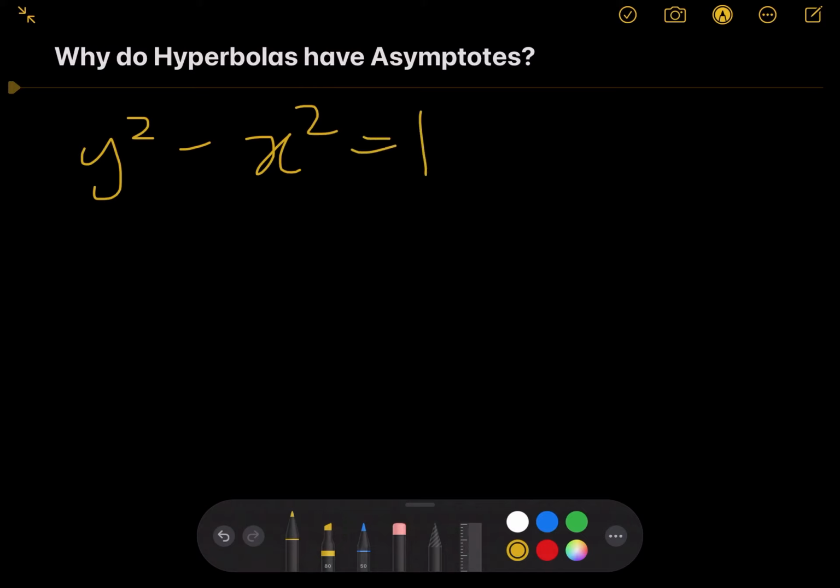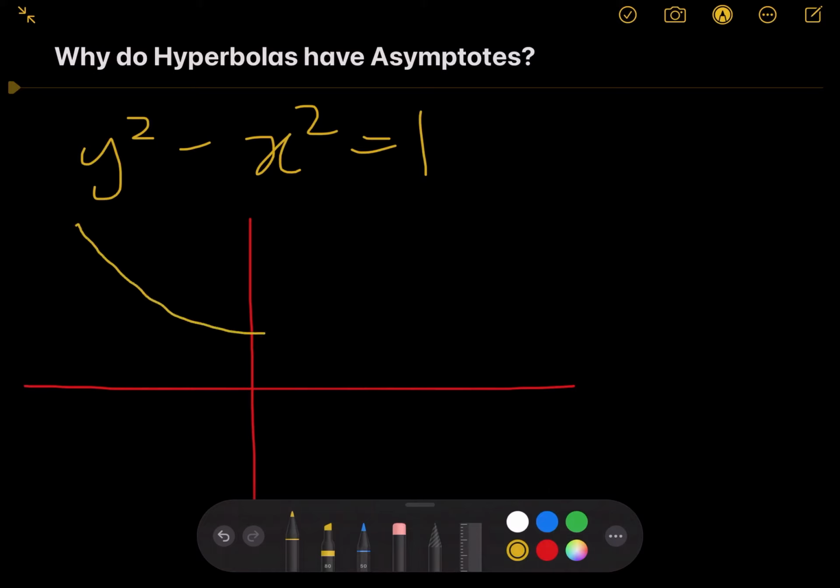You could also have x squared minus y squared is equal to 1, and in that case the orientation will be flipped. But let me just go ahead and sketch this on a pair of axes. So that's my y and my x. A hyperbola of this sort would look something like that, and I would have another half on the bottom.